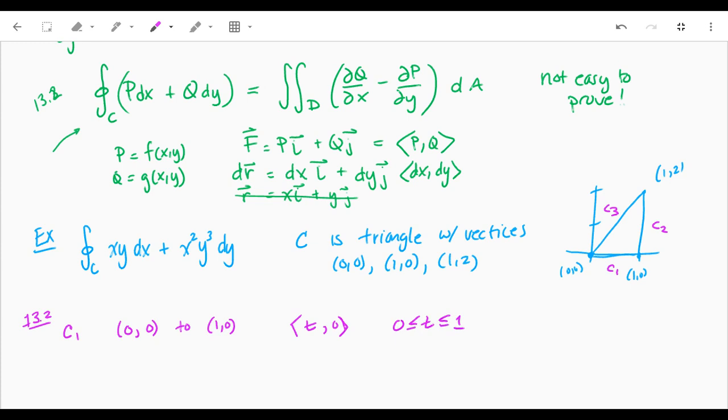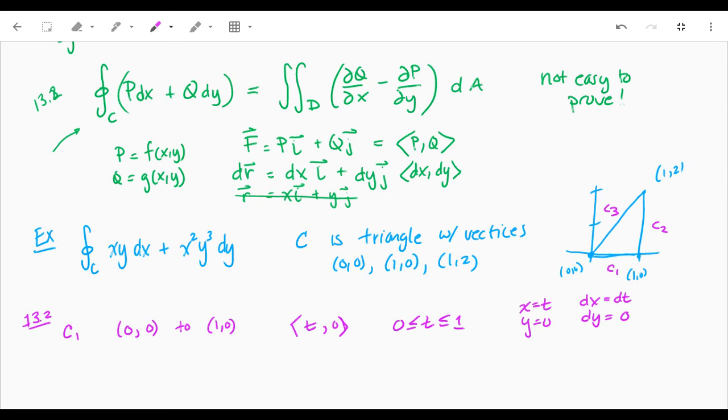X is t, y is 0, then dx is dt, and dy is 0. Technically 0 dt, but I'm just going to leave it at 0.